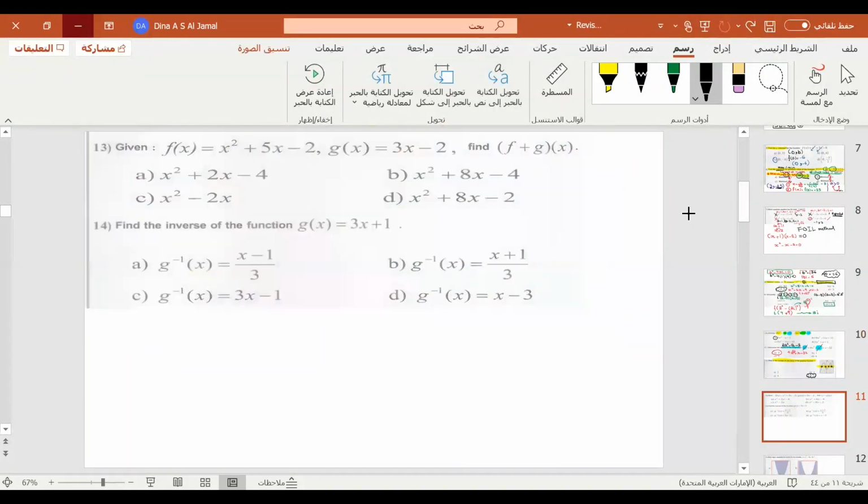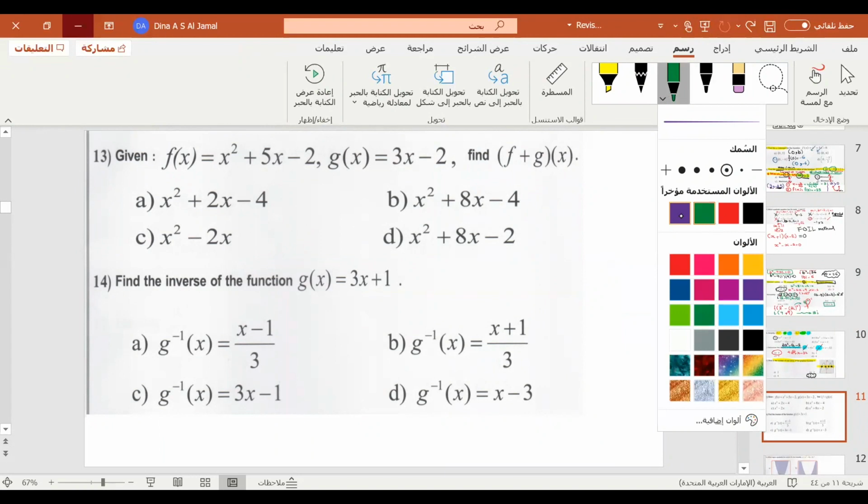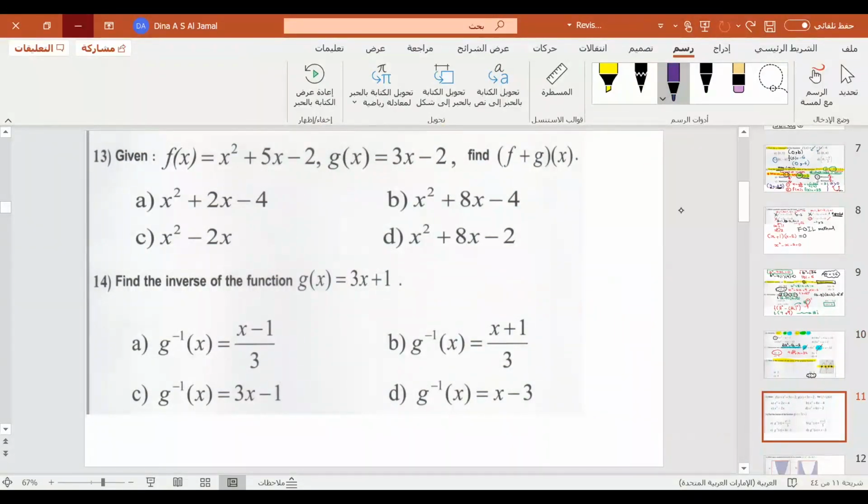So here I'm having question 13 with the operation of some functions. I'm having f plus g of x. So that means it is all about f of x plus g of x. So add them now: x squared plus 5x minus 2 plus 3x minus 2.